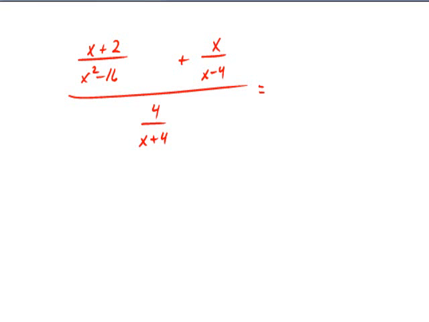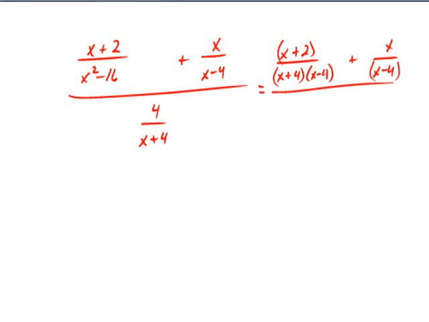Notice that this first fraction, the denominator can be factored into x plus 4, x minus 4. And looking at all of the denominators, it looks like x plus 4, x minus 4 is the least common denominator.